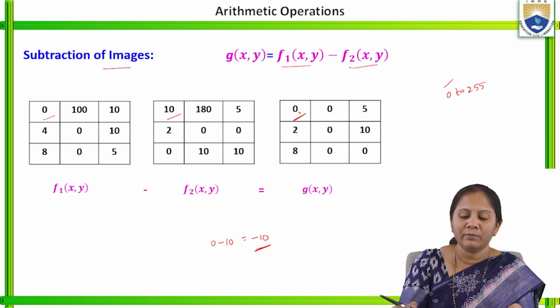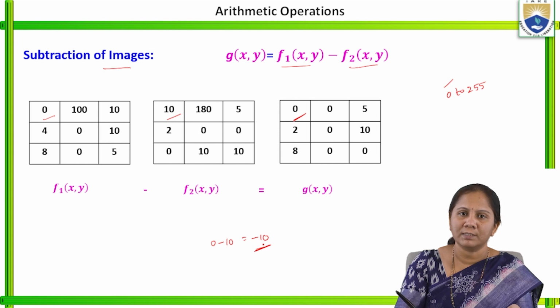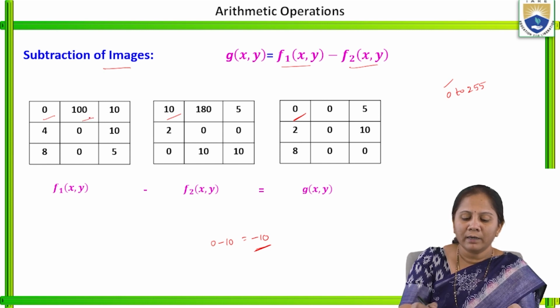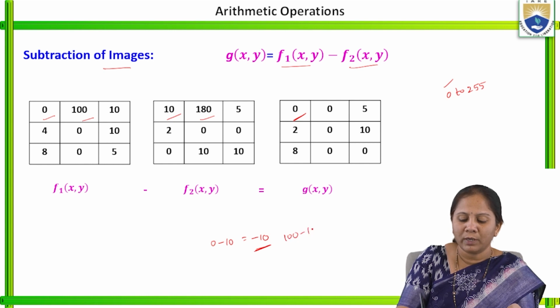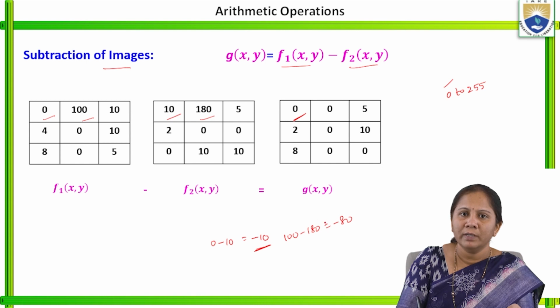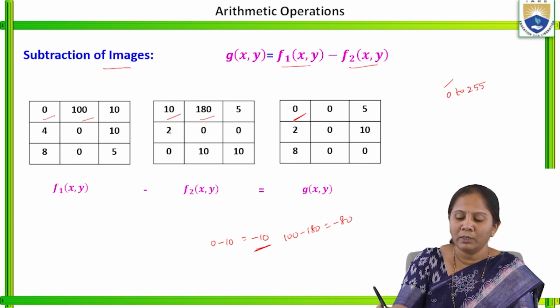That's why here we have written 0 instead of minus 10. And 100 minus 180: in this case also we get minus 80, which is negative. Negative means we have to round it off to the minimum value, which is 0.